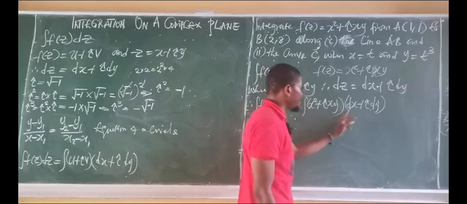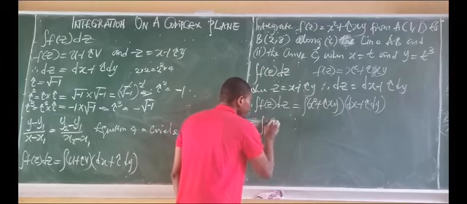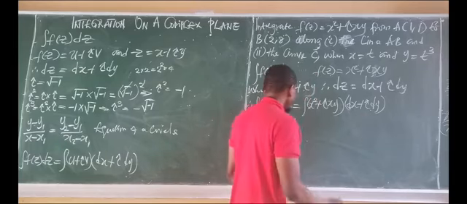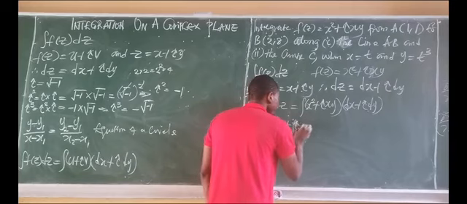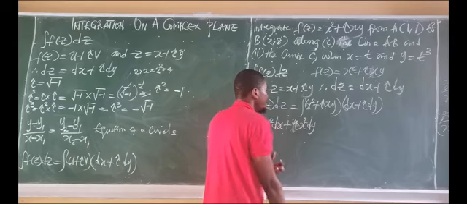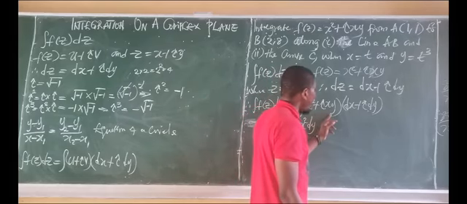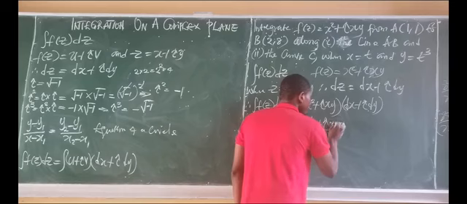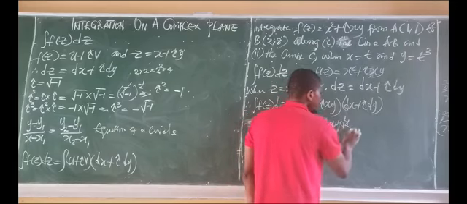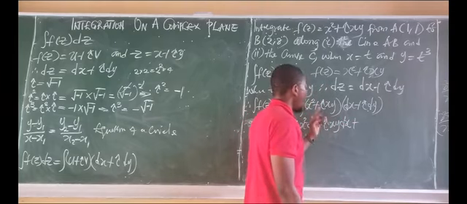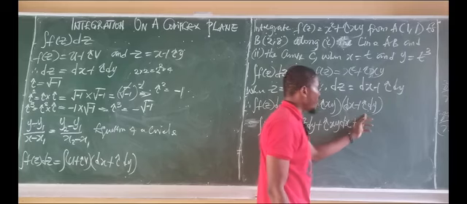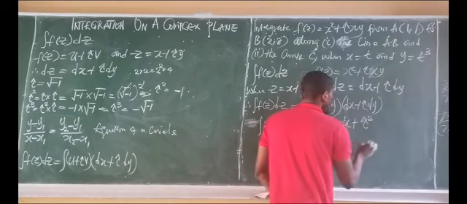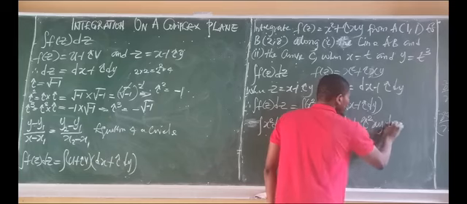This now implies that we have the integral to be equal to the integral. Let's expand this bracket now. x squared multiplied by dx gives us x squared dx. x squared multiplied by i dy gives us plus i x squared dy. Also, ixy multiplied by dx gives us plus i xy dx plus, now watch, ixy multiplied by i dy, i times i gives us i squared times xy dy.